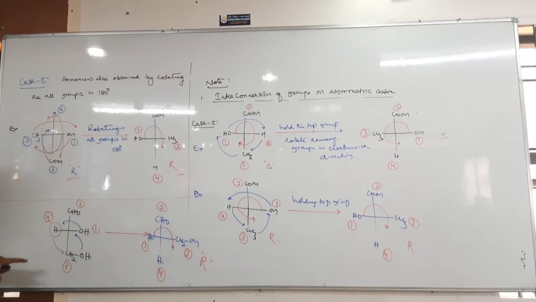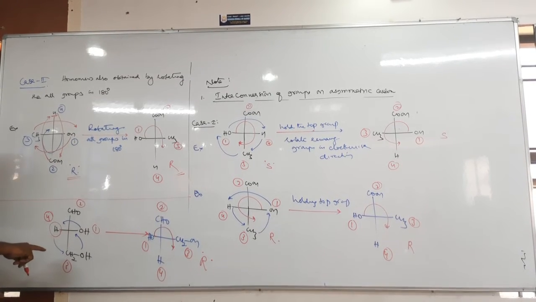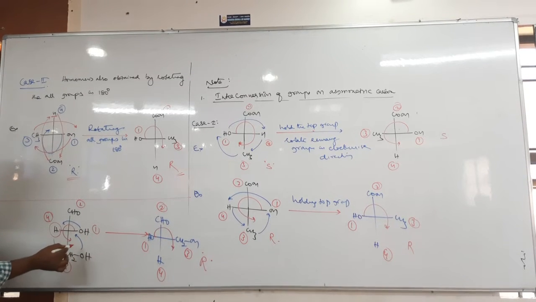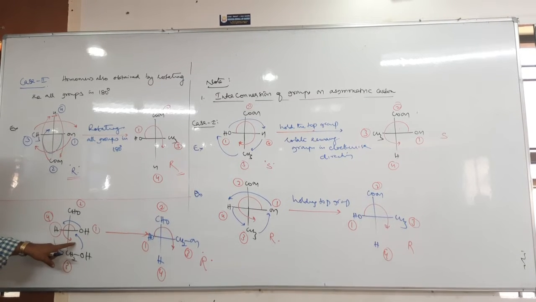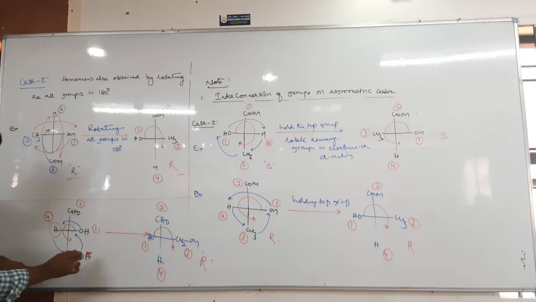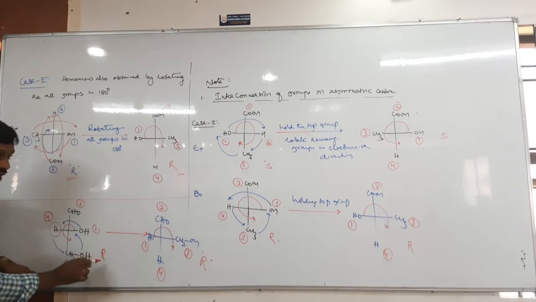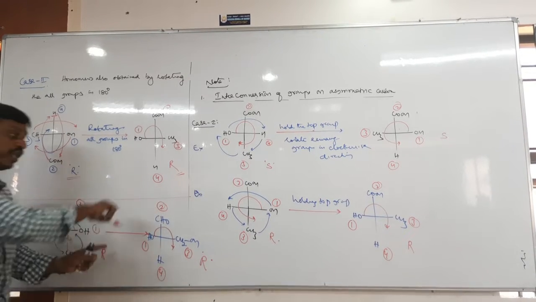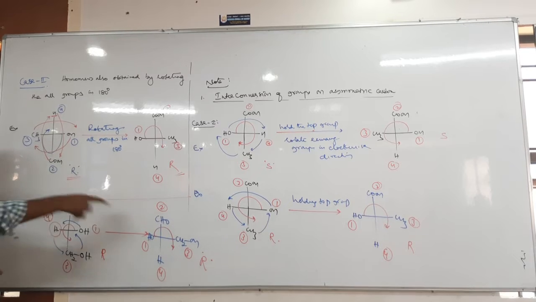But here, no, actually no, what is it? Connect 1, 2, 3. How is it? Anti-clockwise, right? It is anti-clockwise, but we have written R. Why? Instead of doing this, I told you that you need not do that.